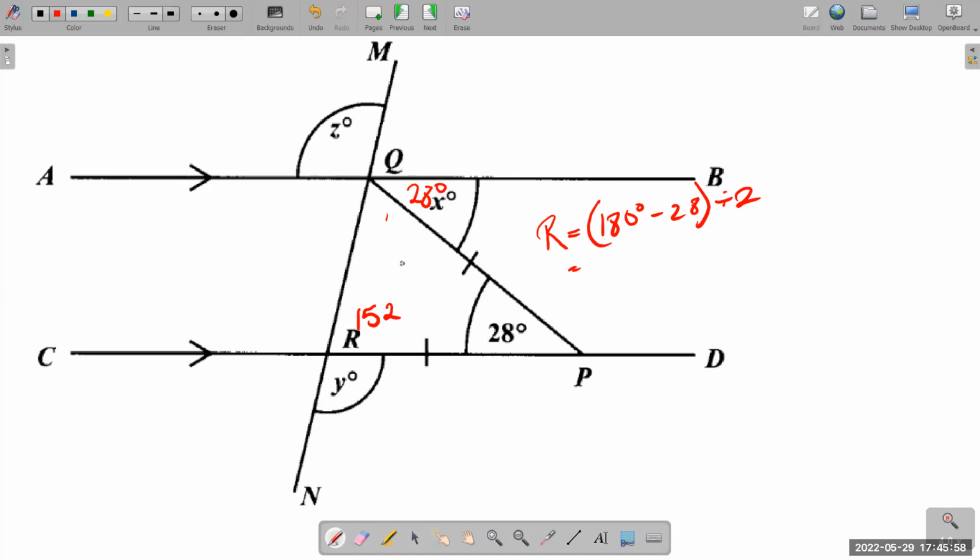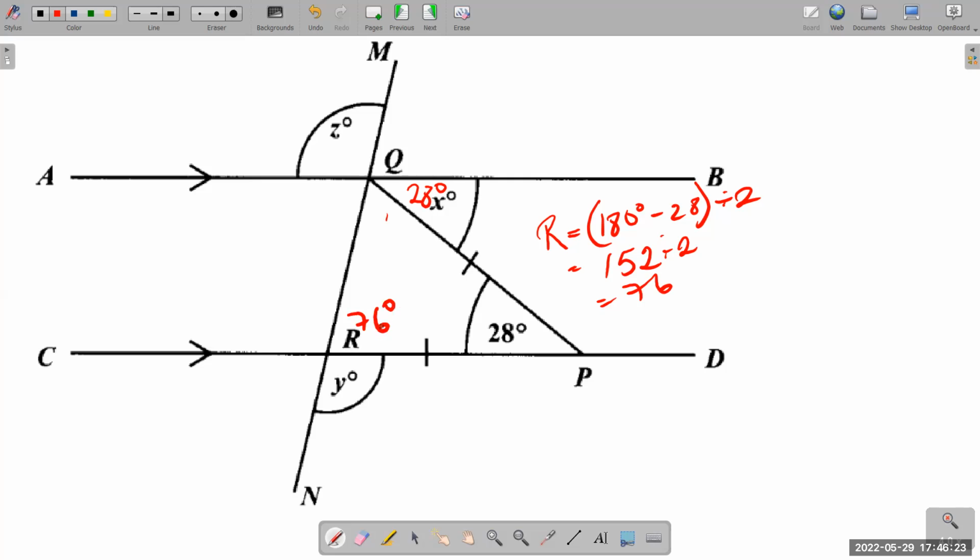No, 76? 152 divided by 2 is 76. All right, so I don't even know why I wrote that there. Give me a minute, I just woke up. 152 divided by 2 is 76. So that means this angle here is 76.